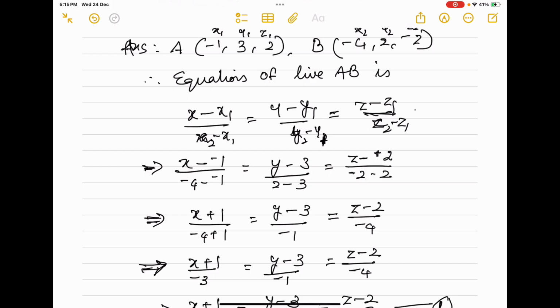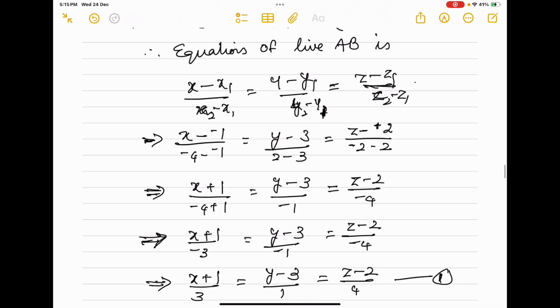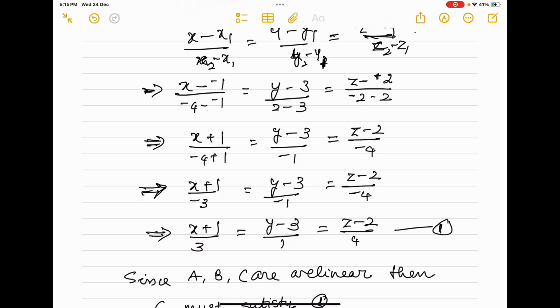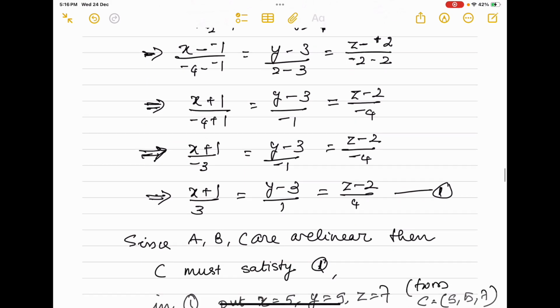Since all the denominators have a negative sign, we can change it: x plus 1 by 3 equal to y minus 3 by 1 equal to z minus 2 by 4.